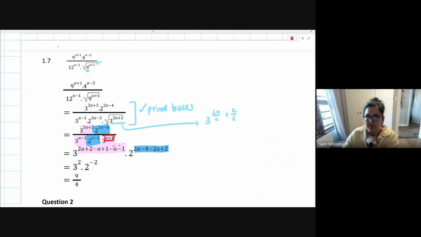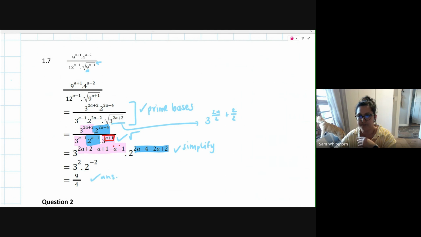So like I said, there are 4 marks: prime bases, dealing with the square root, simplifying, i.e. applying your exponent laws of multiplication and division, and then a mark for your answer.